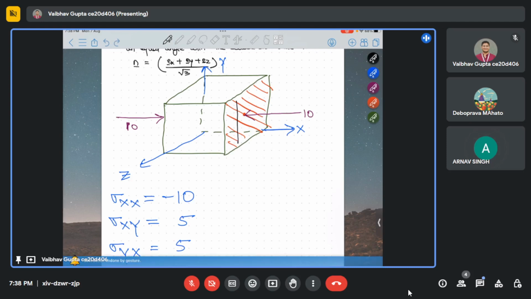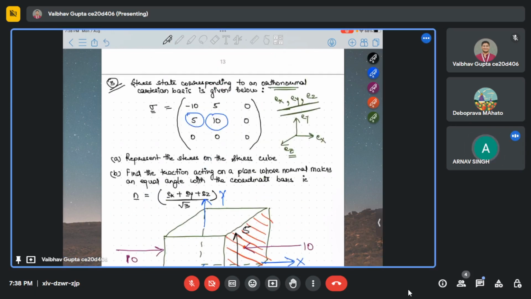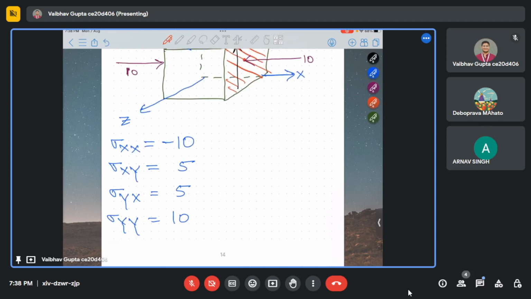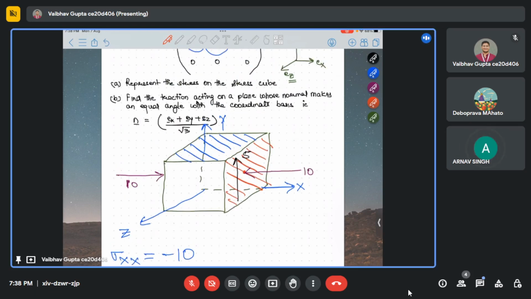So this is correct, 5. Now the other side is 0. We don't need the other things for this plane. Now the y plane is given to us. What is sigma yy? 10. Where to put it, inward or outward? Outward. Correct.